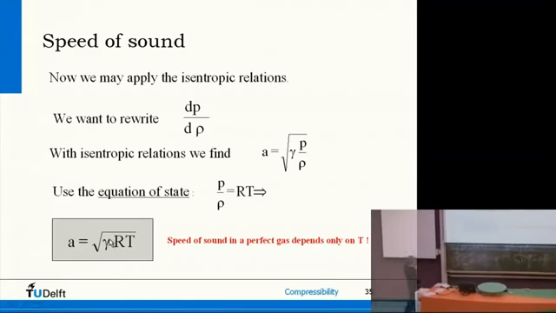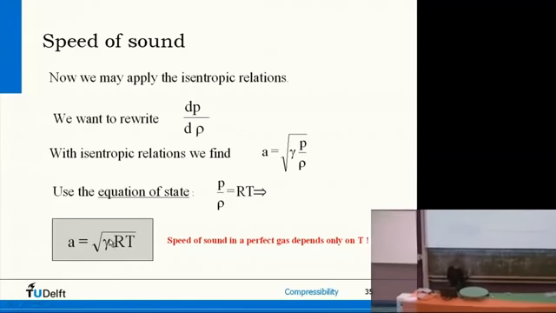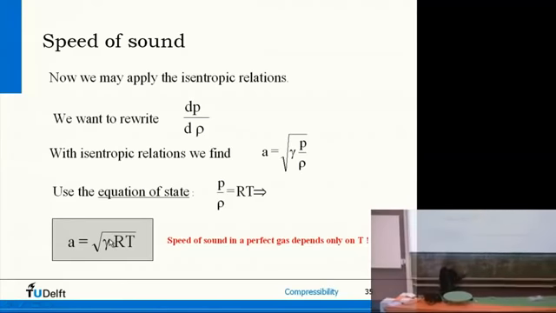So A squared, from the isentropic relations, is square root gamma P over rho. And that's equal to, P is rho RT, right? Equation of state. So I have square root gamma rho RT divided by rho. So the rho drops out.